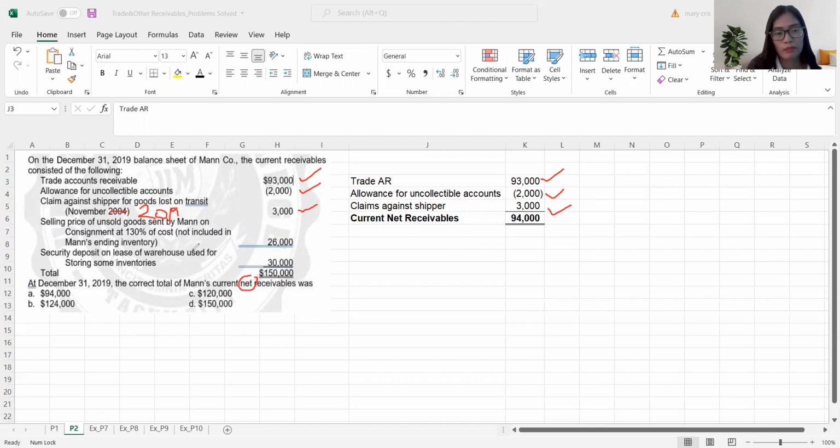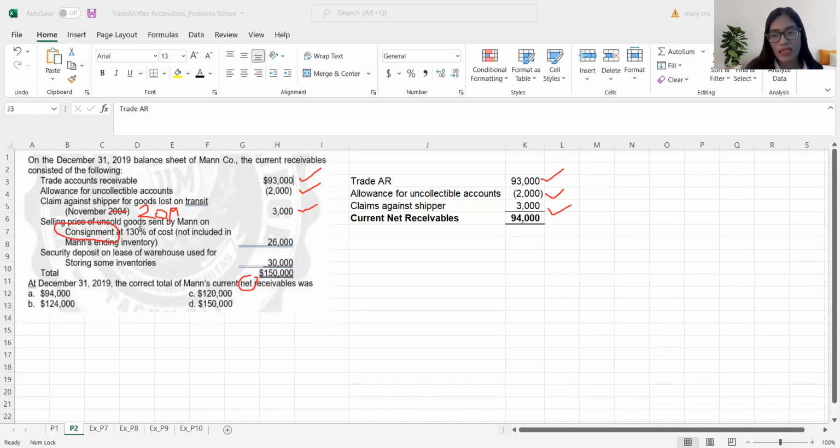So before we determine whether this 26,000 should be added as one of our receivables, let's first discuss ano ba yung nature ng consignment. So let's understand muna what a consignment is.